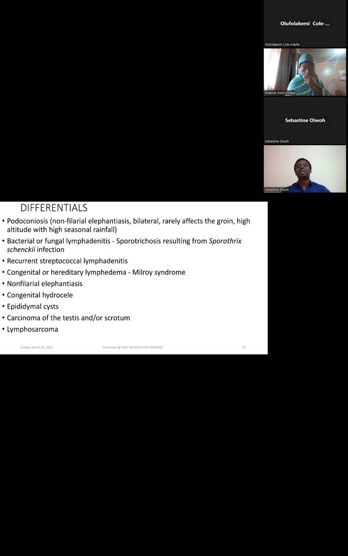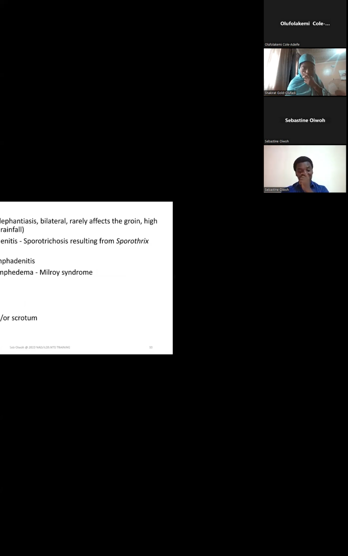Primary lymphedema is if there had been some congenital abnormalities of the lymphatics, or secondary injury to the lymphatic system, either from previous surgeries or radical excision of lymph nodes, after which these symptoms may begin to develop about a year later. Then other differentials of lymph swellings include lymphosarcoma, and if it affects the scrotum, we'll look at carcinoma of the scrotum.